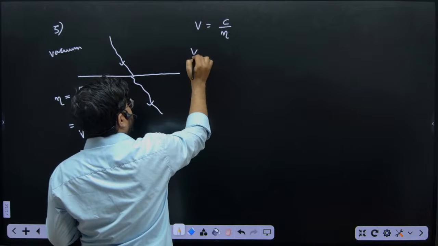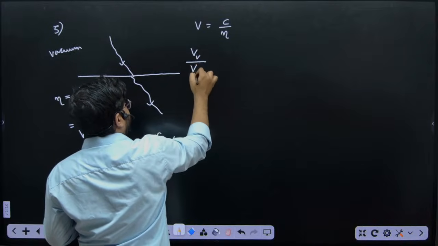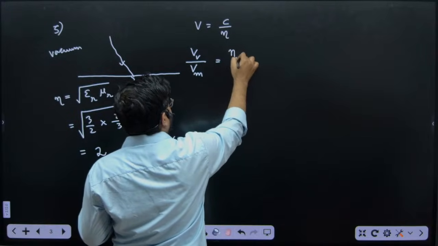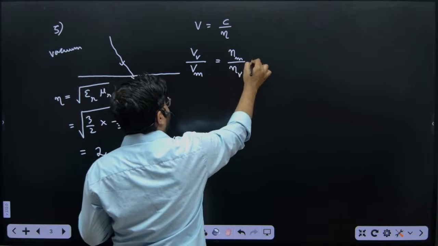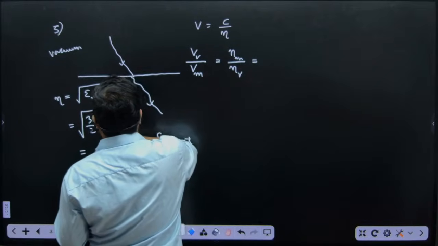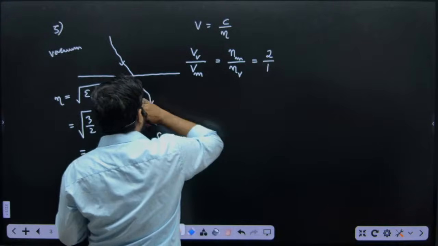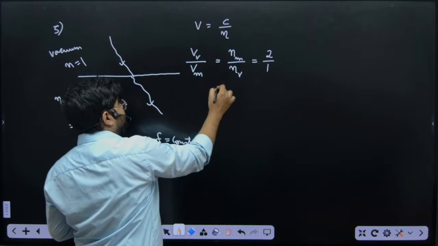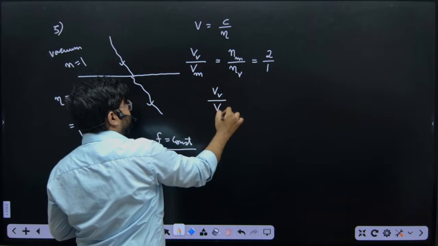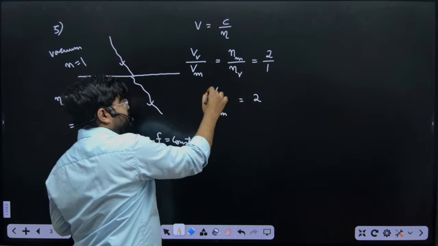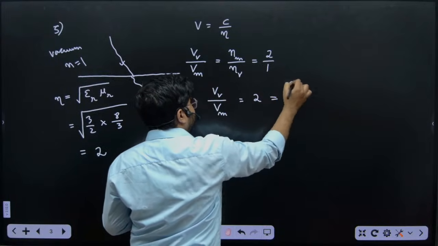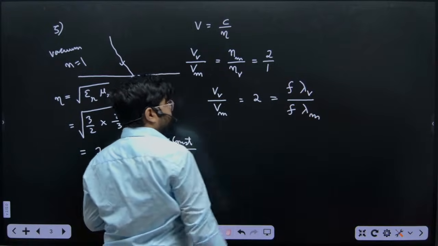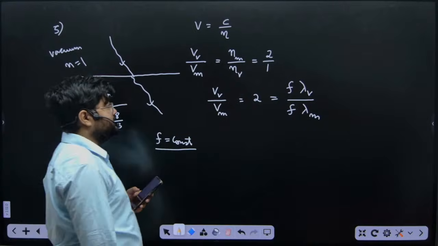So velocity in vacuum by velocity in medium equals refractive index of medium by refractive index of vacuum. Refractive index of medium is 2 and vacuum refractive index is considered as 1. Velocity can be written as frequency into wavelength. Frequency doesn't change but the wavelength will change.